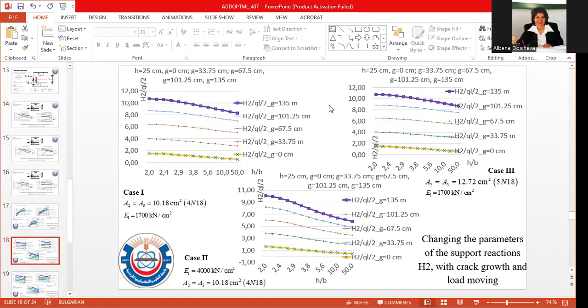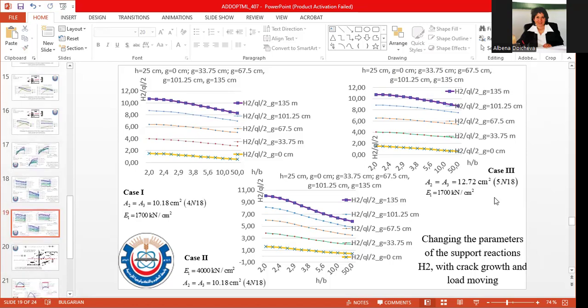On the next slide, it is possible to see the changing parameter of the support reaction H2 with crack growth and load moving. The bigger magnitude of H2 is when we have more reinforcement bars.